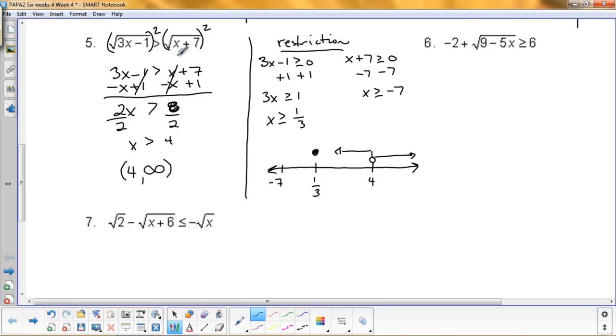Therefore, the entire inequality is undefined. So in the future, when there are multiple restrictions in a single problem and they play a factor in determining the solution set, you will use the first restriction, whichever one is closer to your actual answer that you find in the problem. Okay? All right.